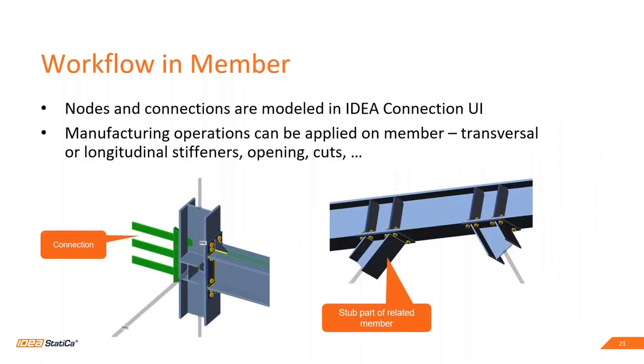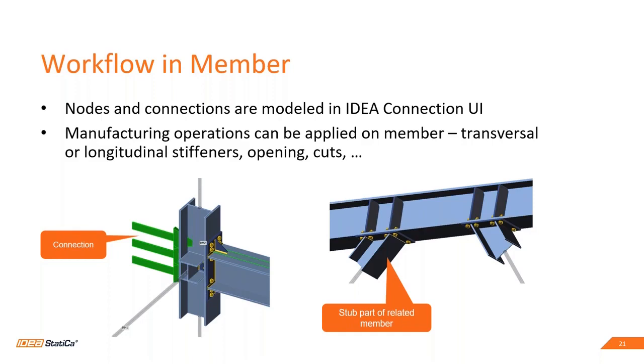Now we can continue and model the connection between the analyzed and the related members. If you know the IDEA StatiCa Connection application, the workflow is just the same. The user interface opens and you can use all the manufacturing operations that you know from the Connection application.